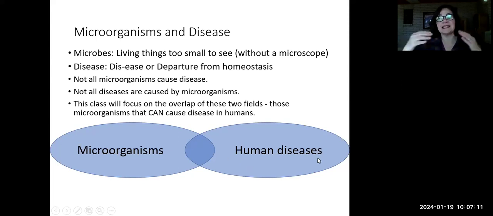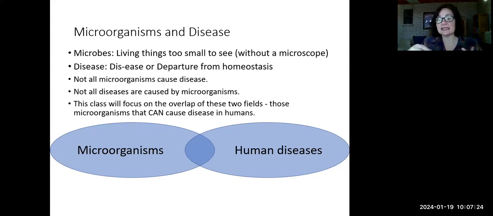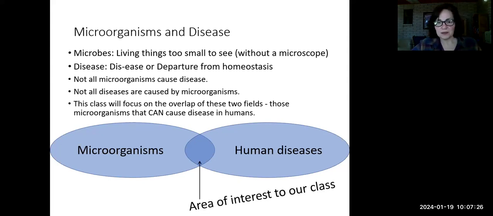Most human diseases in this country are not caused by infection, but worldwide, microbes do cause a lot of illness and death. So that is what we're focusing on in this class, is where we've got microbes causing human disease.